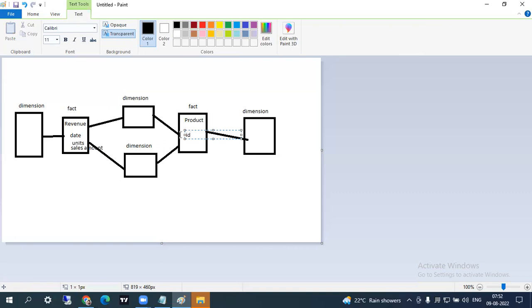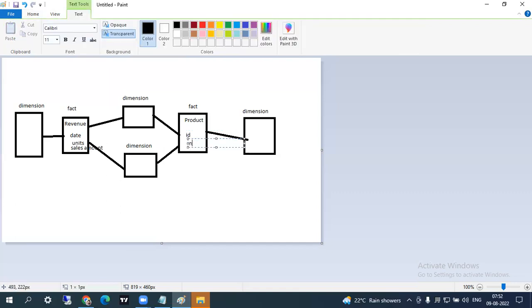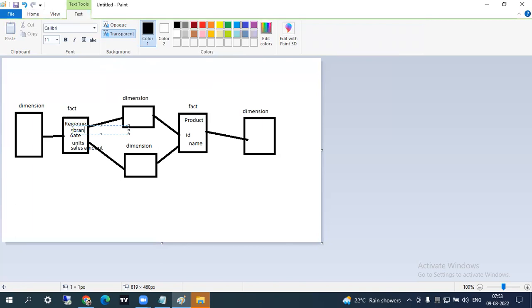Product ID, product name, and for the branch here, branch ID, branch name.